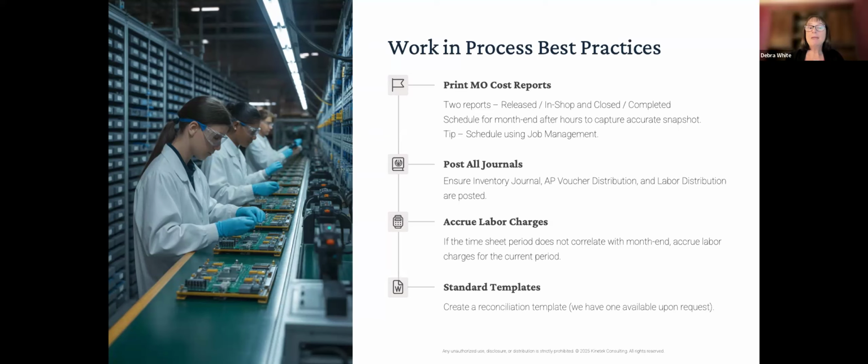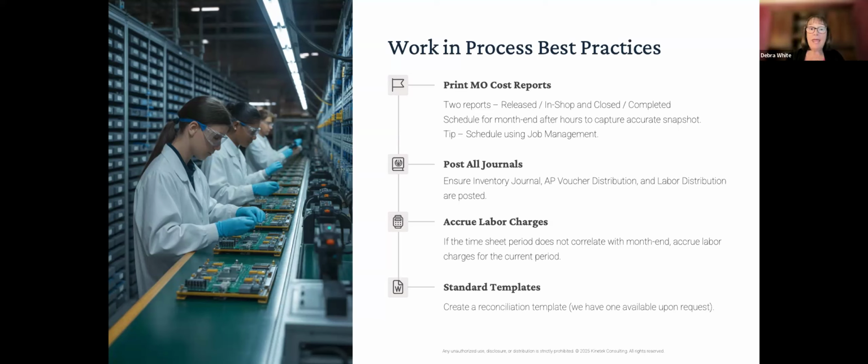Because of this, we want to make sure that we do print out our MO cost report for released and in-shop orders for all your open balances, and then for your closed or completed MOs for all your closed MO balances on the last day of the month. Again, the tip for this is job management. We're going to set up these variety of parameters and it will automatically run for you.